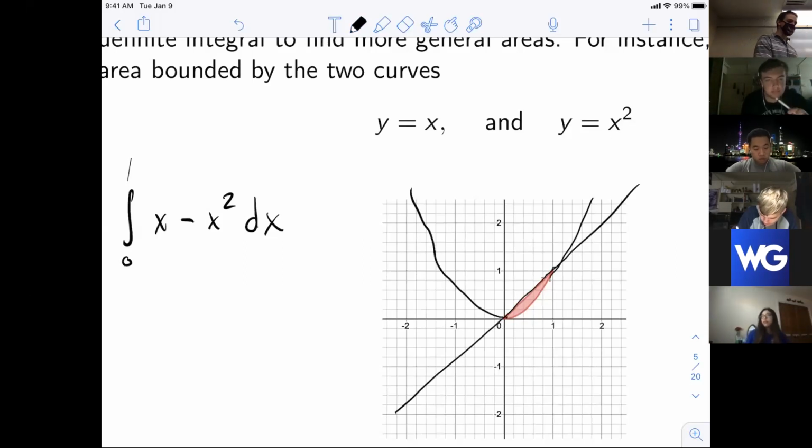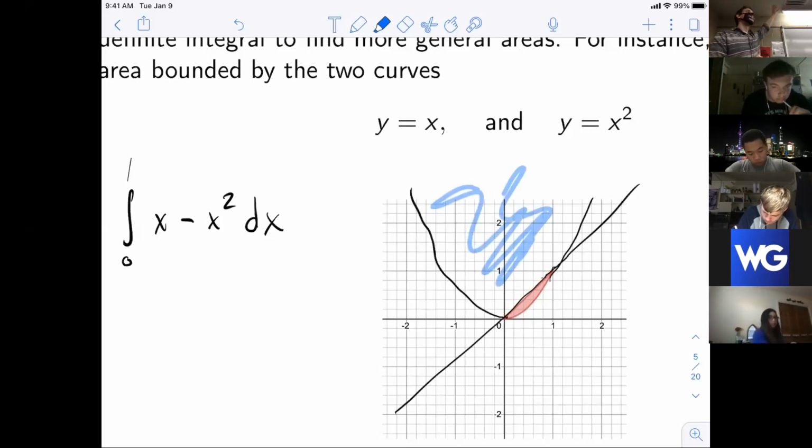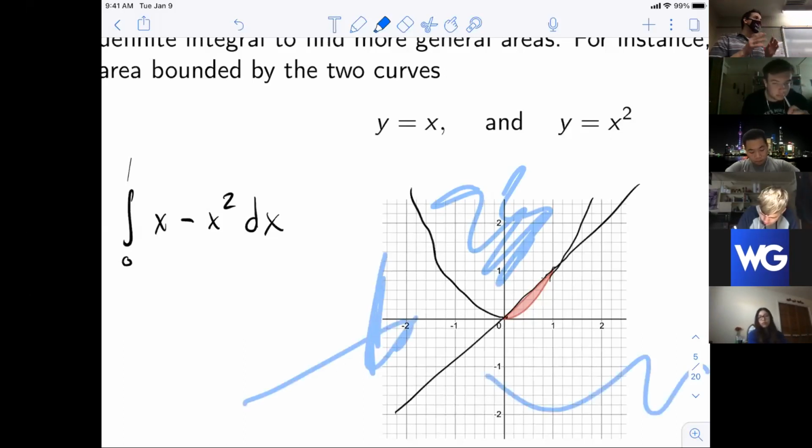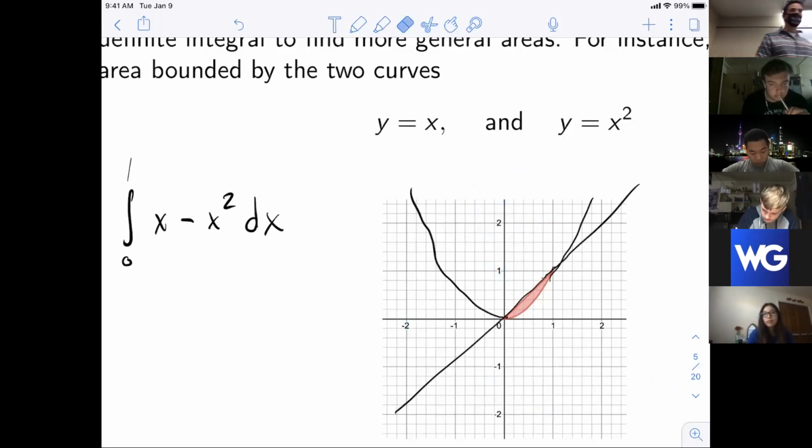There's a bunch of areas happening here. There's this area, but that area is unbounded. It goes off to infinity, right? Same way with this area. That area goes off. This area goes off to infinity. There's only one region here that has a finite area. So that's why I take the integral from 0 to 1, because that's where those curves intersect.